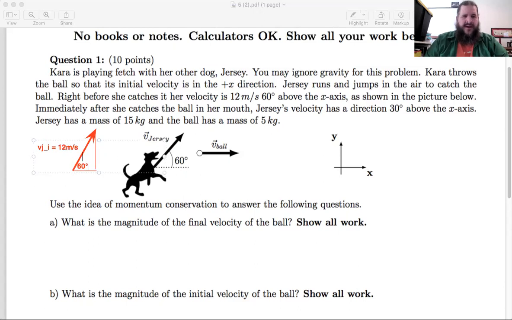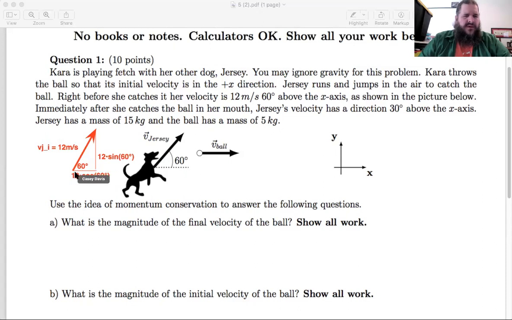Yeah, we should be able to use sine for the y component, because as long as you're using the angle the vector makes with the horizontal, the y component will always be opposite to that. So the y component will always be sine. And then the x component should be 12 times cosine 60, because the x component is adjacent to the angle.